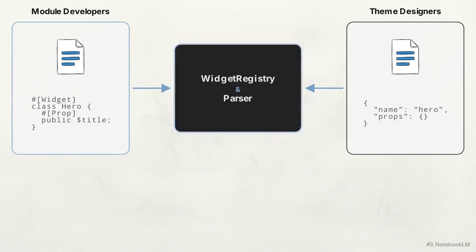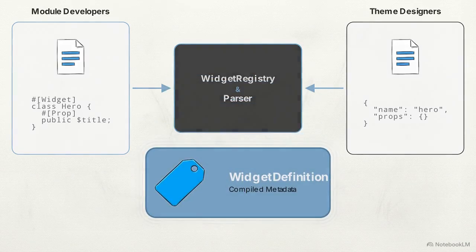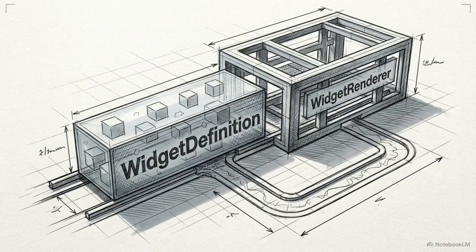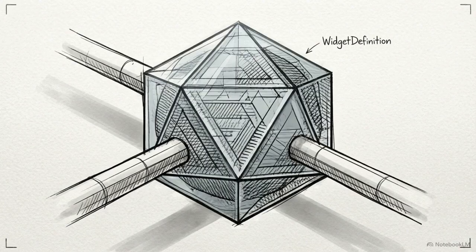The framework resolves this split during ingestion, parsing both simultaneously to output a single, immutable widget definition object, standardizing the format. Once the component reaches this compiled state, the underlying rendering engine cannot distinguish between a PHP origin component and a JSON origin component. They execute through the exact same lifecycle.